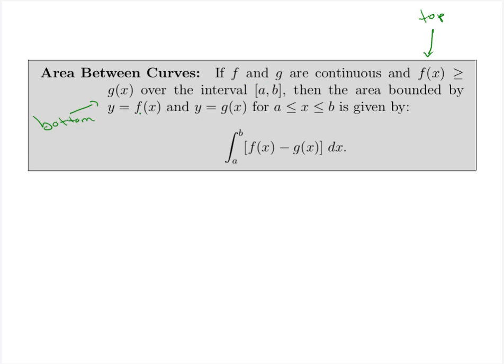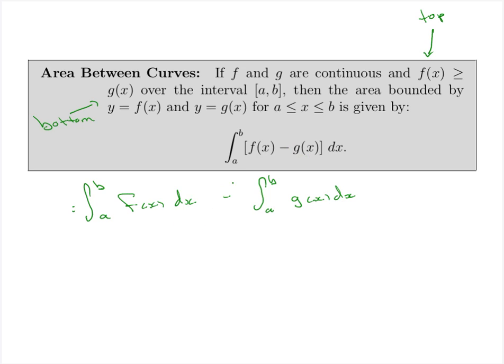Then the area bounded by this curve here on the top, this curve here on the bottom, between these two things, is really just the difference of these functions. You could also say it's the difference of these areas. So we could look at both of these integrals separately and subtract them. But most of the time we'll be able to combine these functions together nicely.